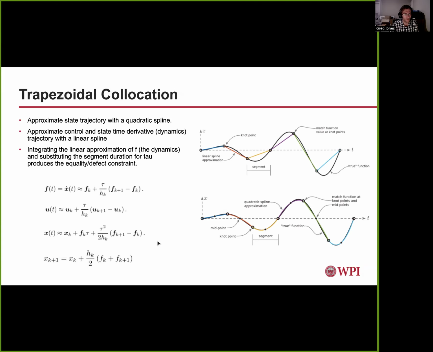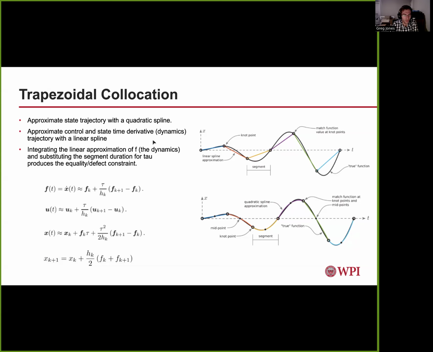So for trapezoidal collocation, the state trajectory is approximated using a quadratic spline, which you can see on the bottom right here. Generally it looks quite smooth. And you have these knot points, which are the values in between the polynomials, basically the endpoints of each trajectory segment.